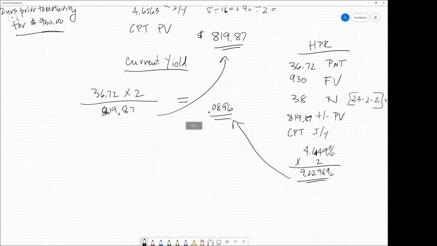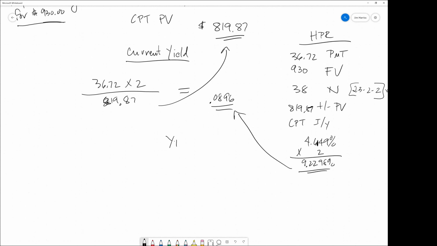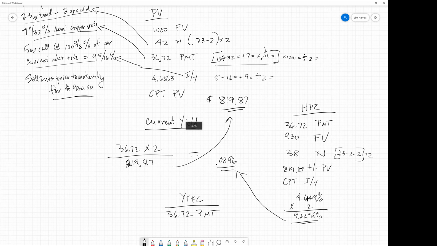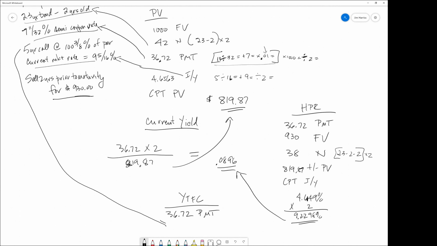All right, last one. Yield to first call. Okay. 2 numbers don't change. 36.72 is still your payment. All right. And they told you earlier that if they call it, you get 103 3/8% of par. Well, 100% of par would be $1,000.